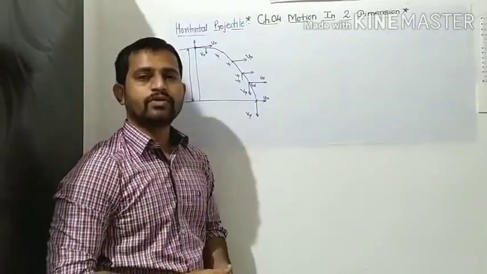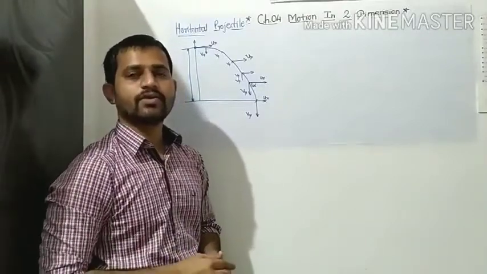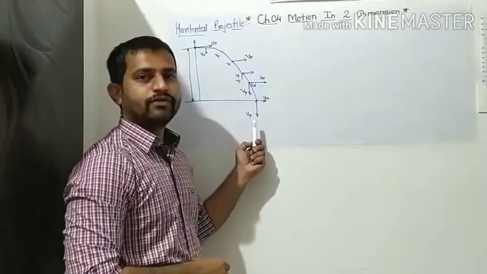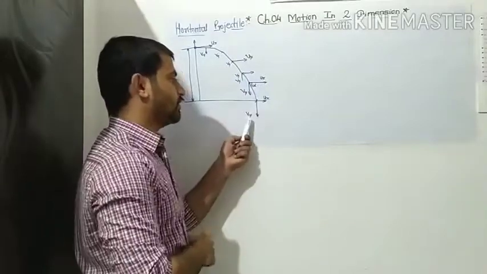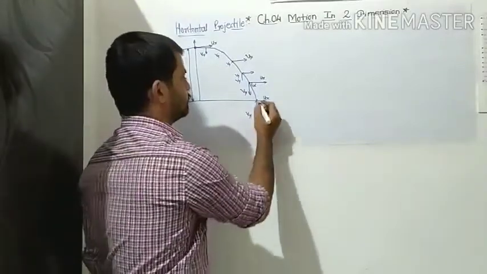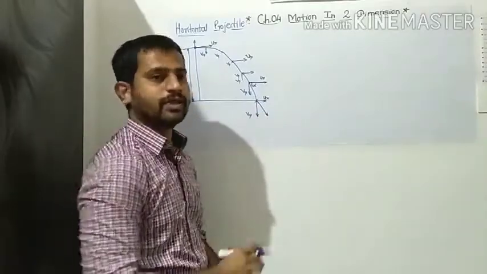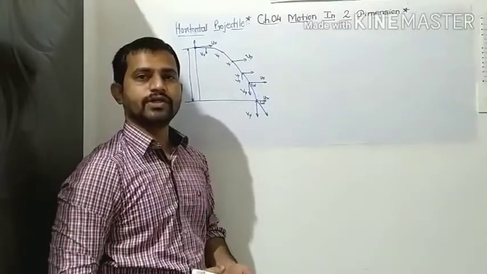When it strikes the ground, it is under the effect of the horizontal velocity ux and of vy, and its resultant will be in this direction, making some angle alpha with the horizontal.